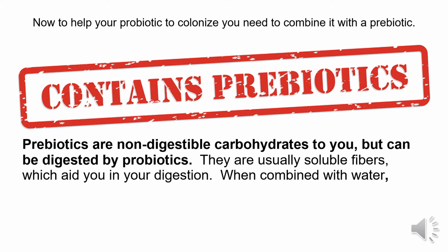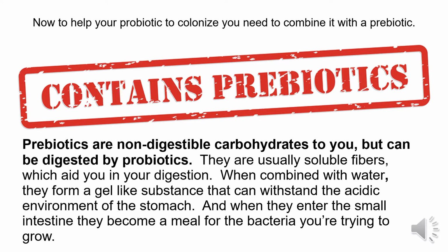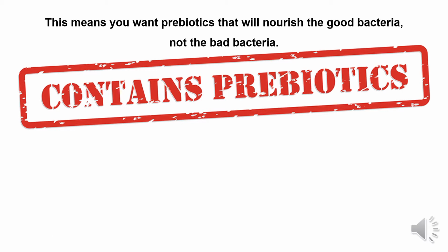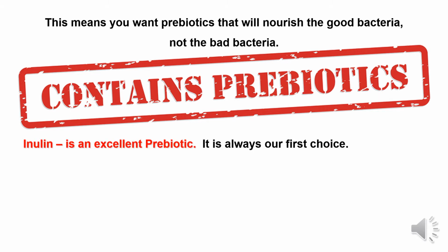They are usually soluble fibers which aid you in your digestion. When combined with water, they form a gel-like substance that can withstand the acidic environment of the stomach, and when they enter the small intestine, they become a meal for the bacteria you're trying to grow. This means you want prebiotics that will nourish the good bacteria, not the bad bacteria.